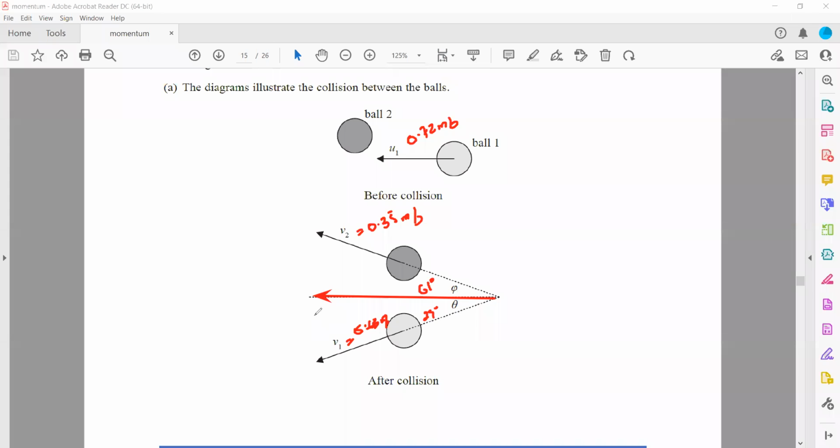So this will be 0.35 cos 61 and the other one is 0.63 cos 29.